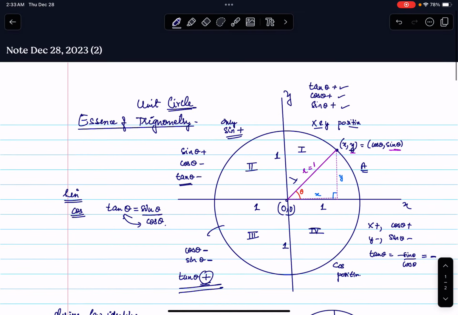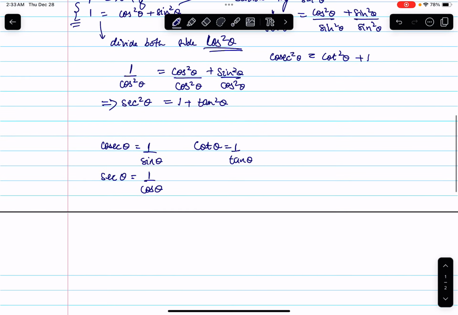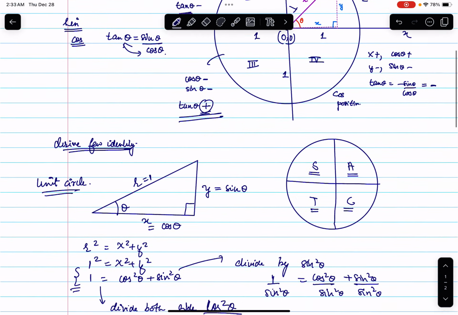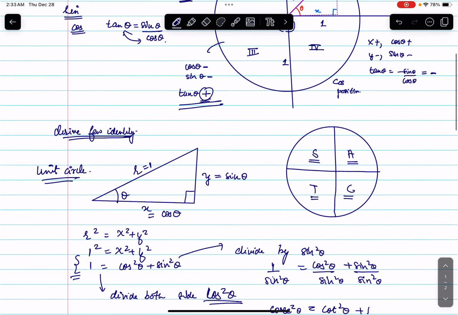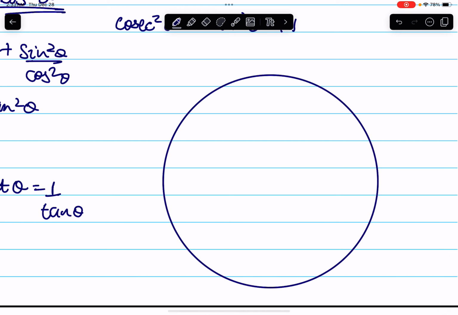So till now we have understood what the unit circle is, we have looked at quadrants, and we have done a few derivations. Now the other thing that we can do in this unit circle is understand a bit more about how the sine and cosine functions work.